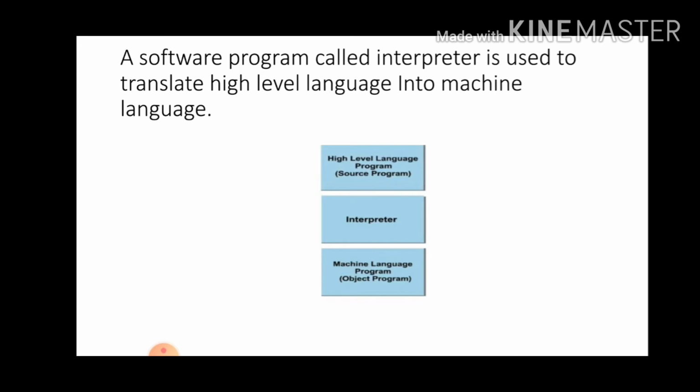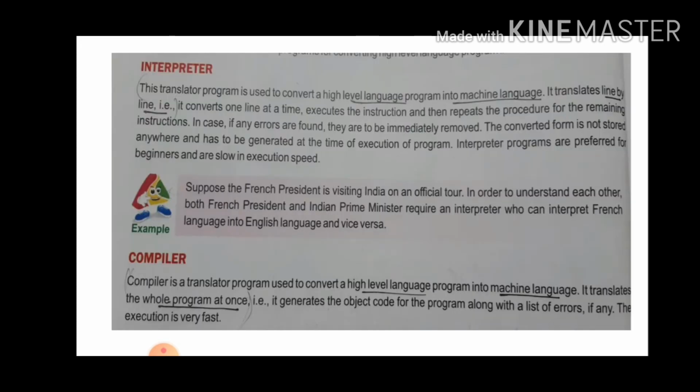We know a software is a set of programs and a program is a set of instructions. Here we'll see about the interpreter also. The interpreter is a translator, and the compiler is also a translator. What does the interpreter do?